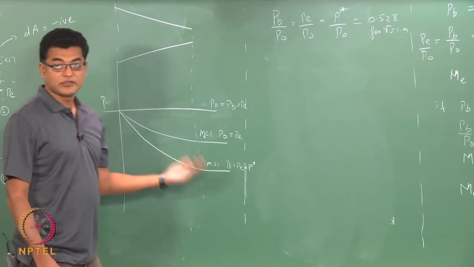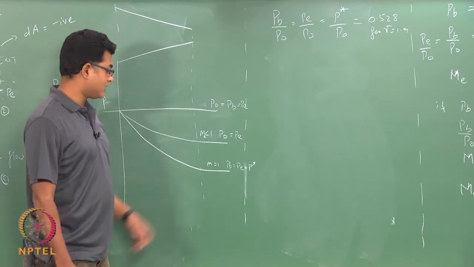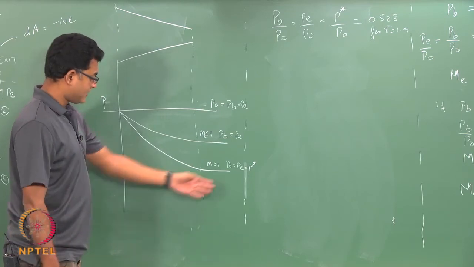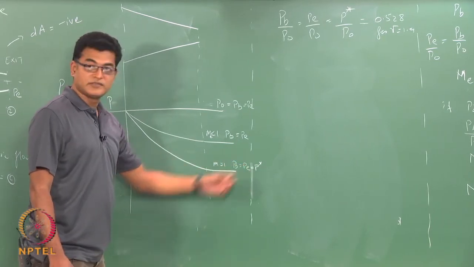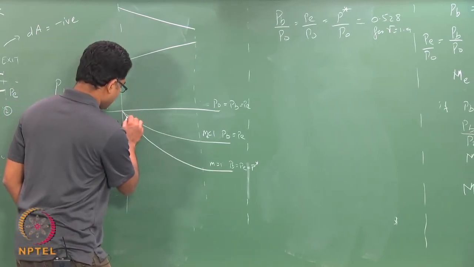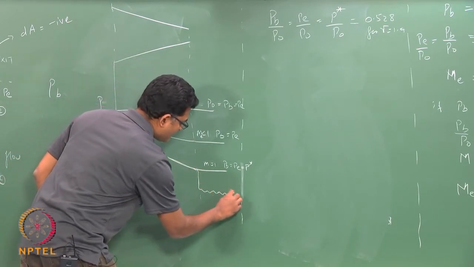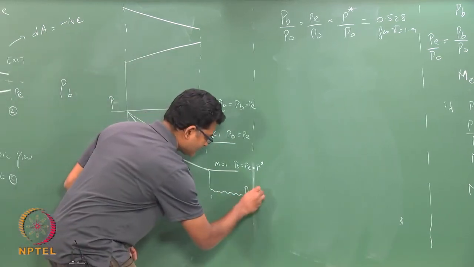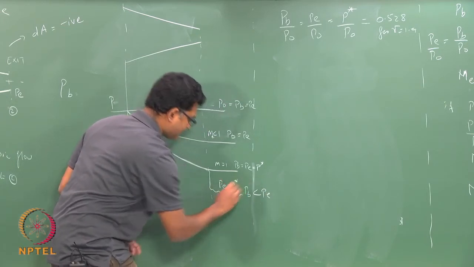Okay. So M equals 1 is also our star condition, which for this particular ratio is our A star, which we will deal with a little later. But for the time being, M equals 1, PB equals PE equals P star. Now if I decrease my PB further, nothing would happen here. My PB would be much less than my P exit, but P exit would still be equal to P star.